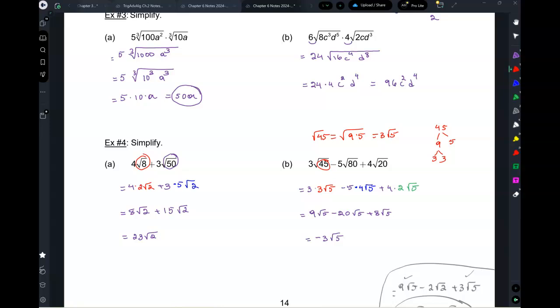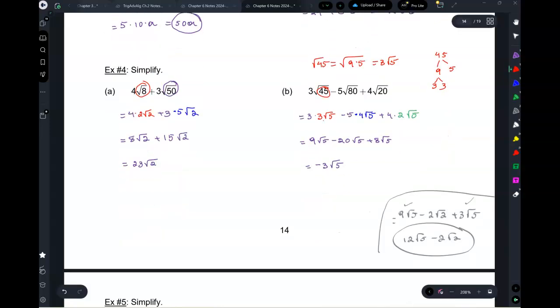That's how I can do them. But doing this only takes a couple seconds, so I suggest you do this. Now, if you get 3 root 5 and you're not sure if you did it correctly, to check, what's this number squared? 9. What's 9 times 5? 45. All right? That's how we do them.